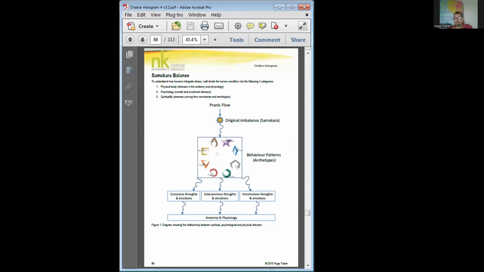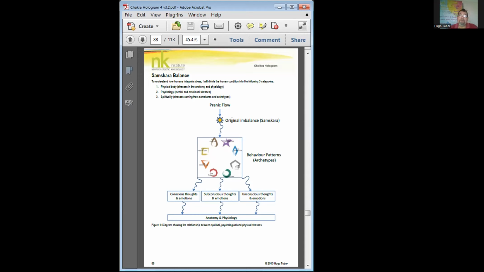So the samskara is the original imbalance. It's at the point of duality where the individual or the soul and the absolute are separate, are two. In the enlightened state, there is one. You are no different, and you experience the oneness.